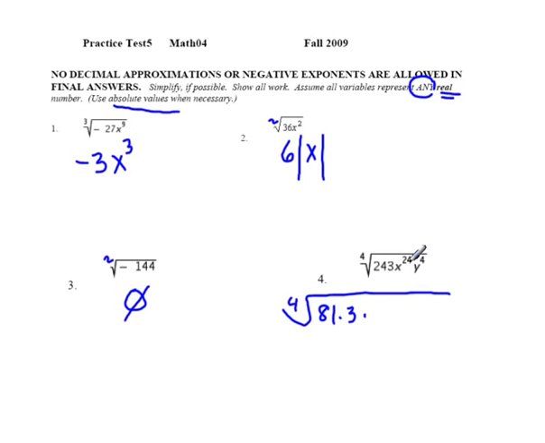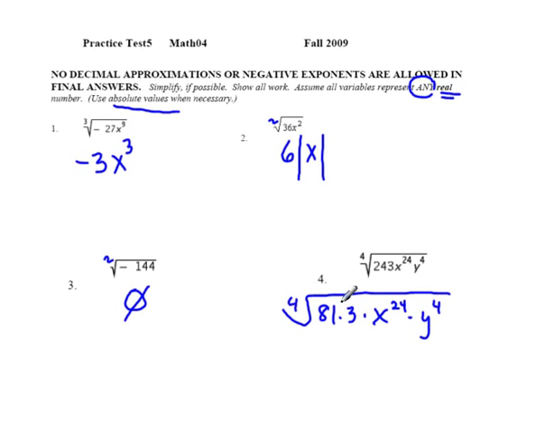X to the 24th. 24 is divisible by 4. It is a perfect root, so we'll just bring it down. Y to the 4th. 4 is also a perfect fourth root, so we'll just bring it down. And now you've broken up the problem into its perfect and imperfect roots. We'll take out the perfect roots, leave in the imperfect roots.